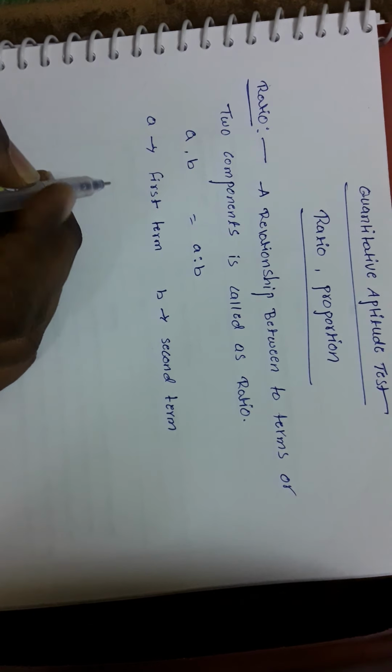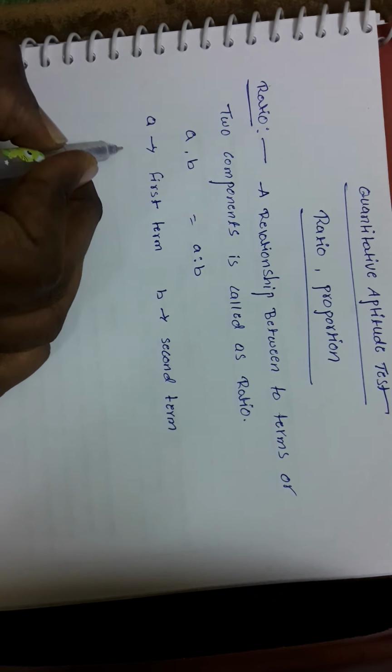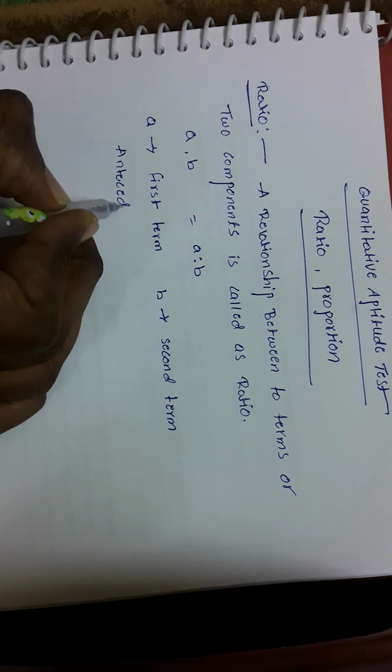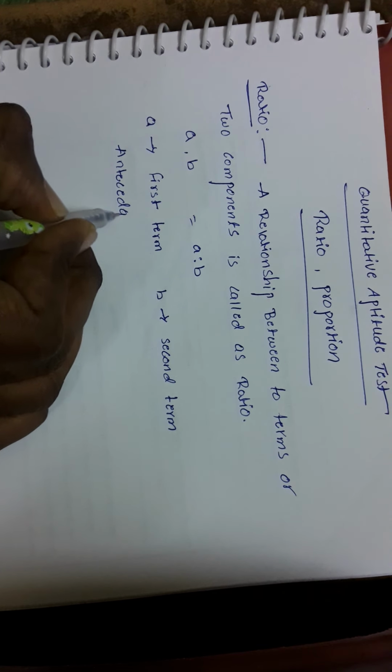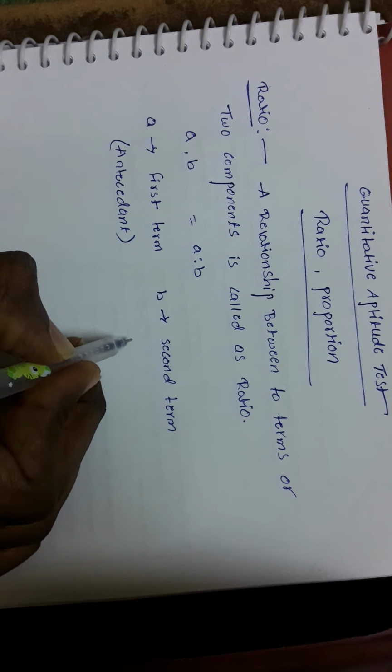An alternative name: A is called the antecedent, and B is called the consequent.